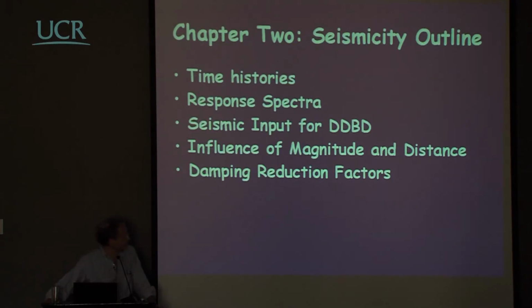And this will be essentially the influence of magnitude and distance. And of course, we will see what damping reduction factor could be appropriately used. And you will see that most of the complication that I was trying to explain, probably I was not very good at that, will become simpler when you go to practice.